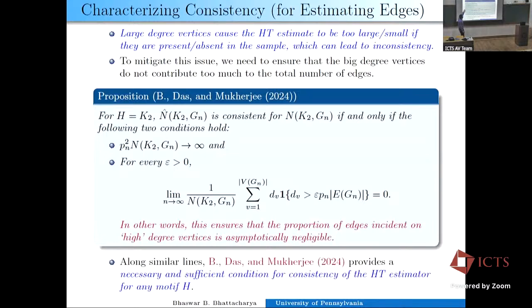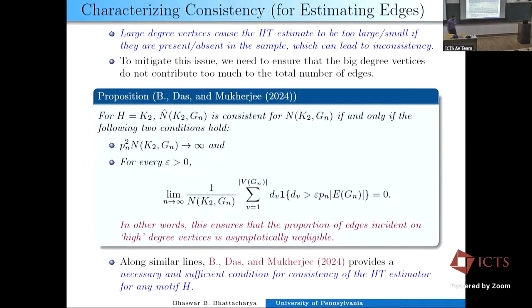I show it for edges because it's cleaner, but along similar lines, one can get a characterization of when the HT estimator is consistent for any motif. It's a similar principle. I'm not going to show the result.